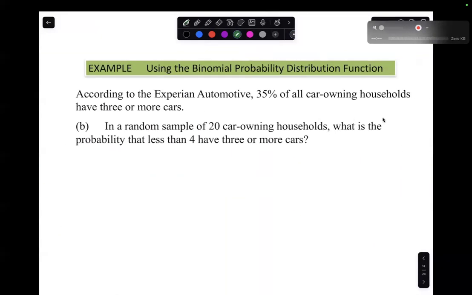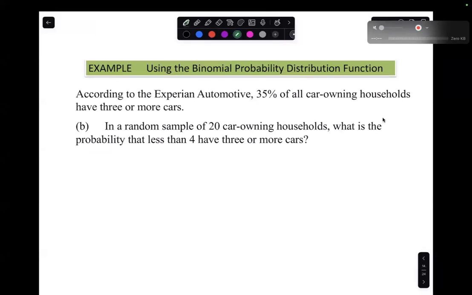Now, sometimes we want something different. Sometimes we want a range of values. So in a random sample of 20 car owning households, what's the probability that less than 4 have 3 or more cars?